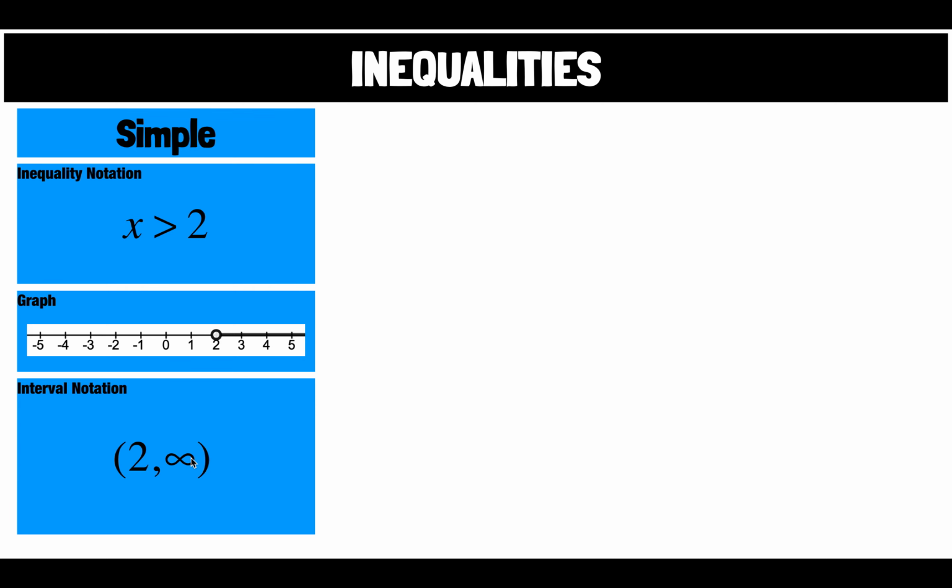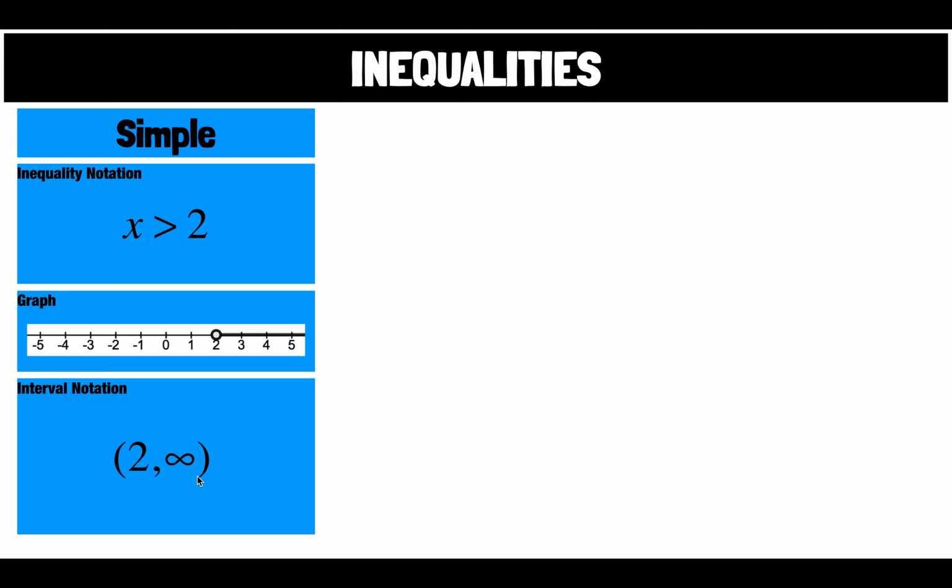Or in other words, parentheses are what you would use for open circles. We're going to start at 2, parenthesis, because it doesn't include it. And we know that x has to go from 2 all the way up to infinity because it's greater than 2. And so we're going to put a parenthesis on infinity as well because you can't have anything equal to infinity. So it would be parentheses on both sides.